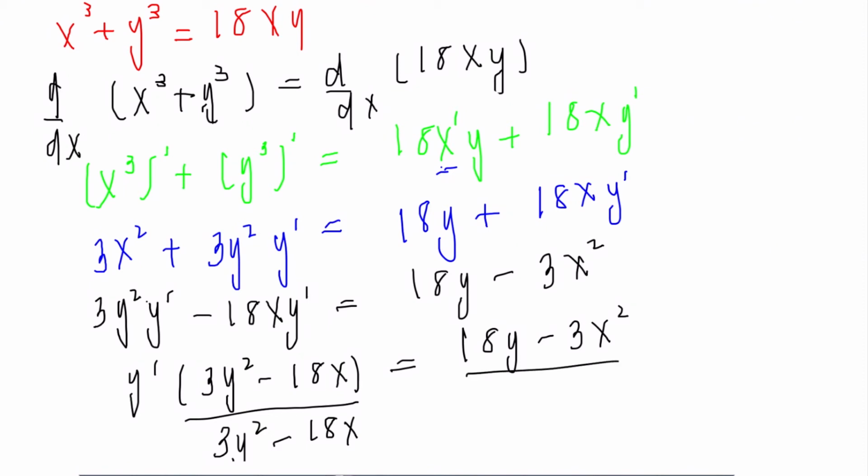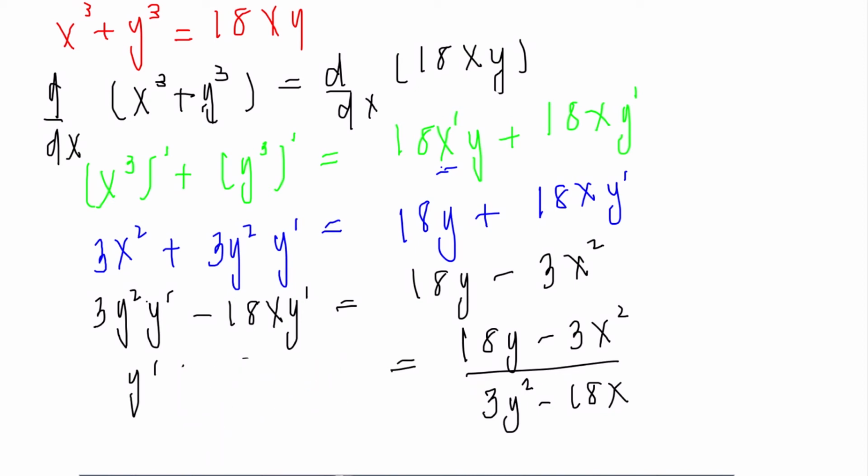Here we are also dividing the same thing, 3y squared minus 18x. Because this gives us 1, we can just remove it, so we have y prime equal to that.